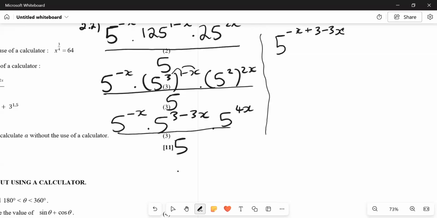The x terms will cancel each other, and you'll be left with 3 minus 1, which is 2. 5 squared is 25. So your final answer is 25.